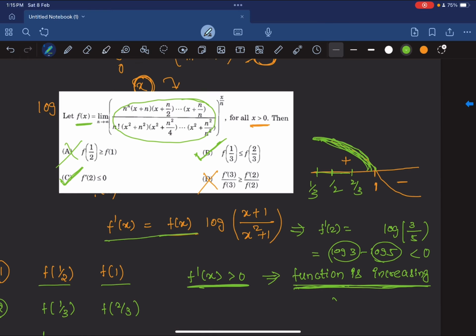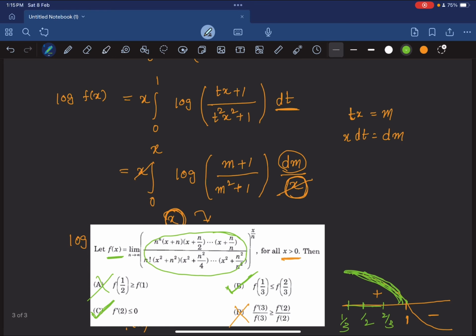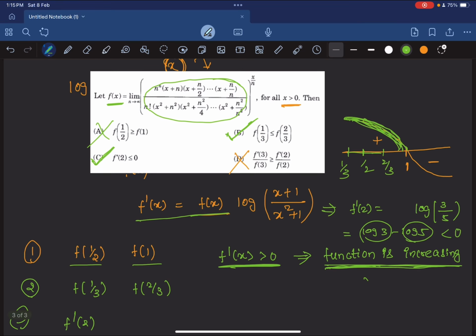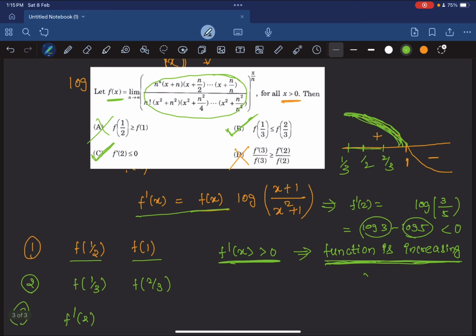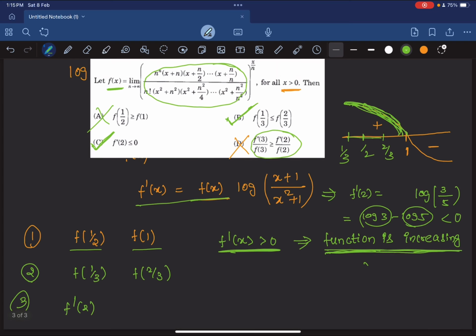The fourth thing is to use Leibniz rule to differentiate on both sides, and we got that idea by seeing this particular option. The fifth thing is to check the increasing and decreasing nature of the function depending on the sign of f'(x). These are all the concepts used in this question.